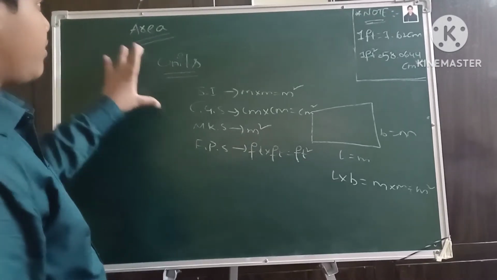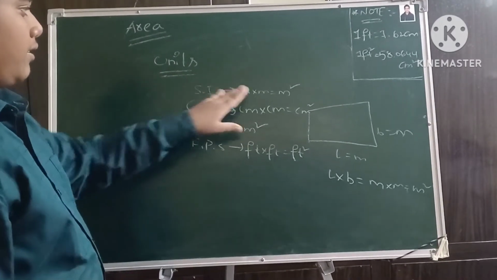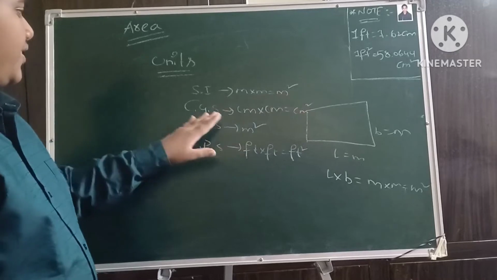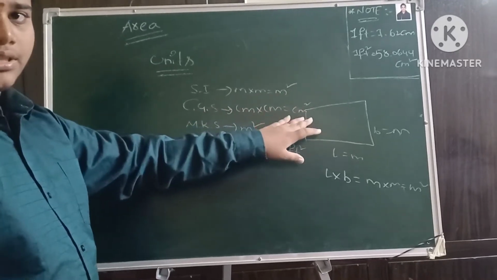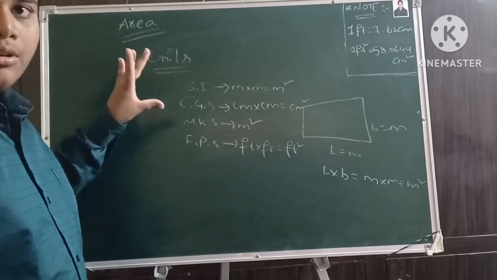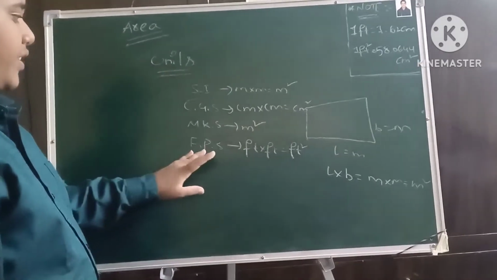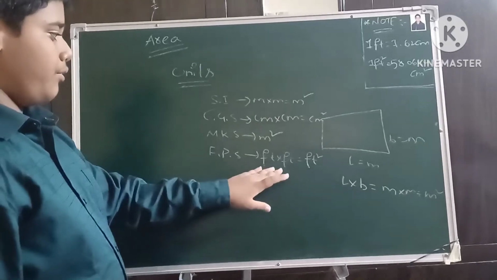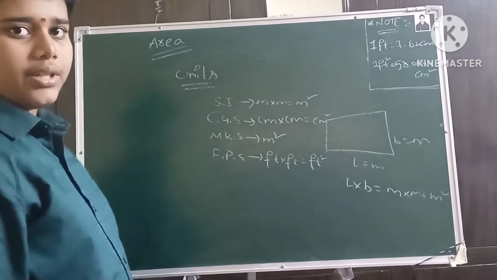So these are the units of area: SI meter square, CGS centimeter square, MKS meter square, and FPS foot square.